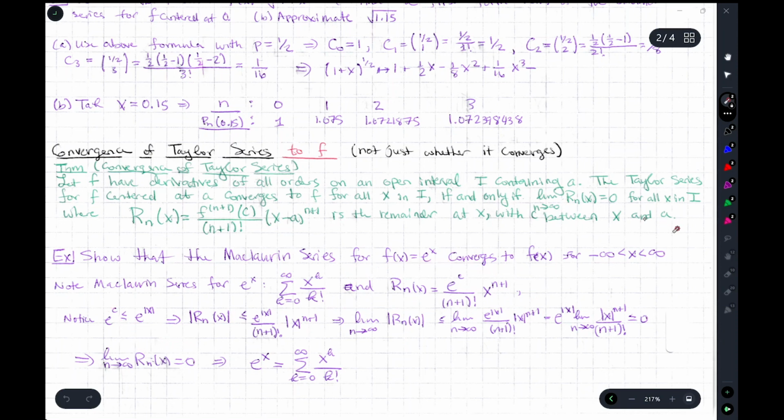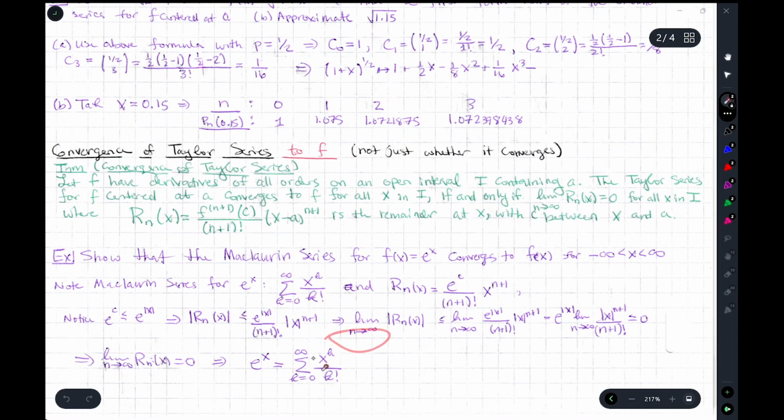Now c is between x and a, so the farthest you're going to get away from the center is going to be x, so that's going to be the largest value that c could take. It's the farthest away from 0. Okay, so for each x, that's going to be the largest value that c could be. So we have this bound.